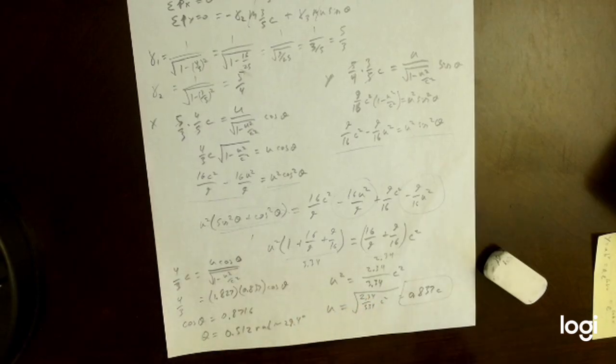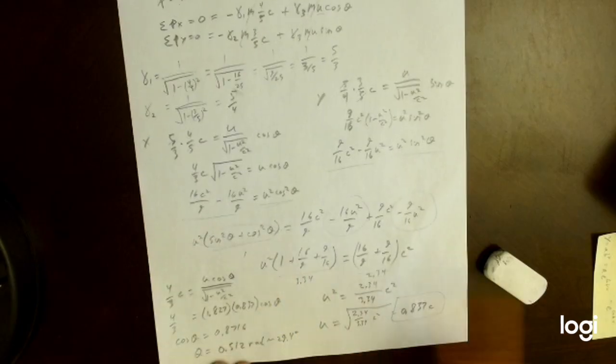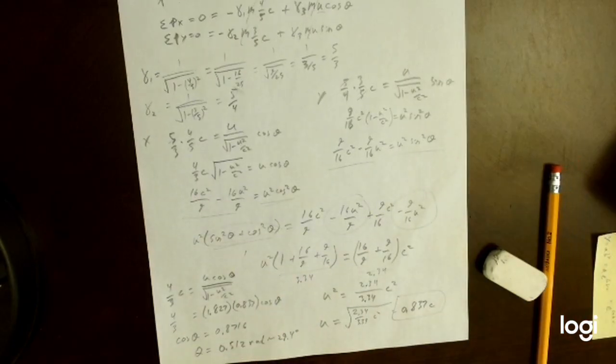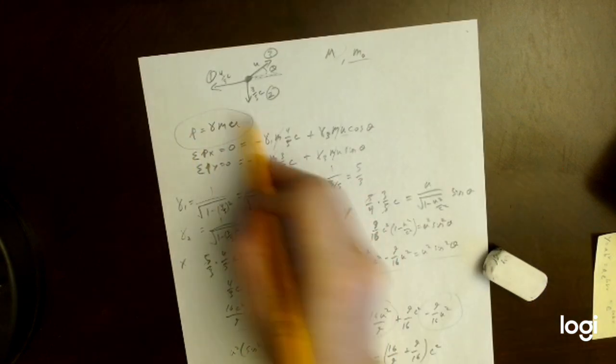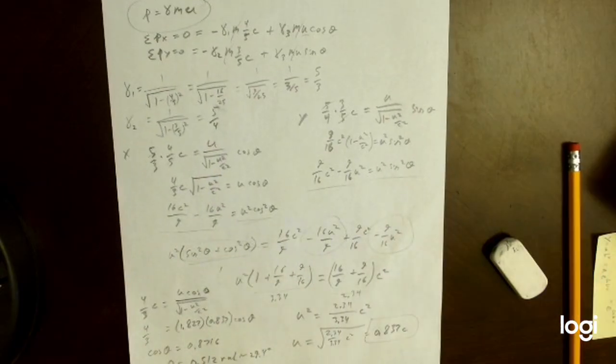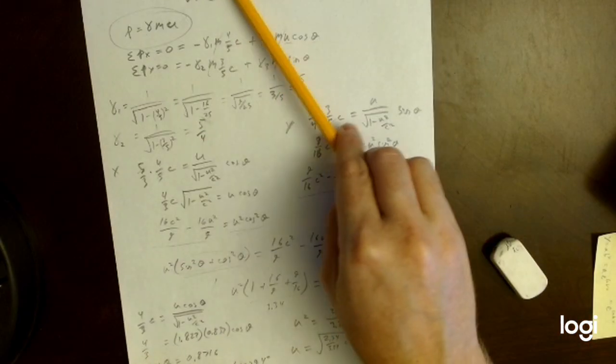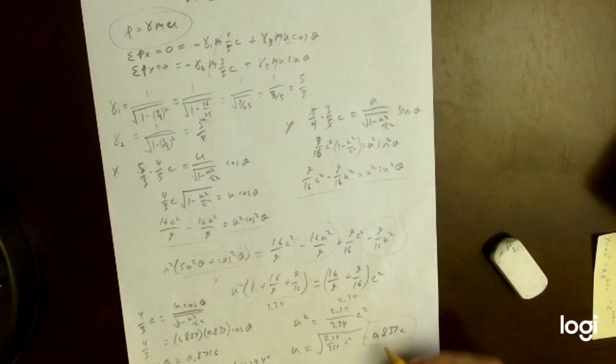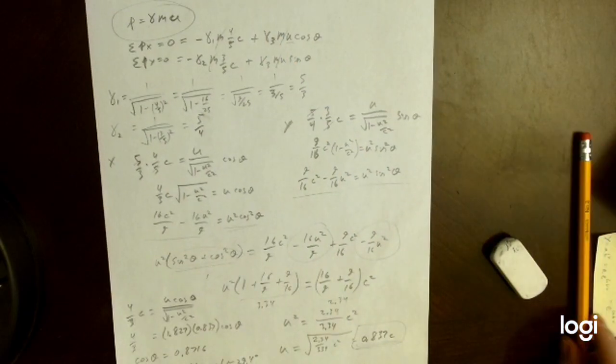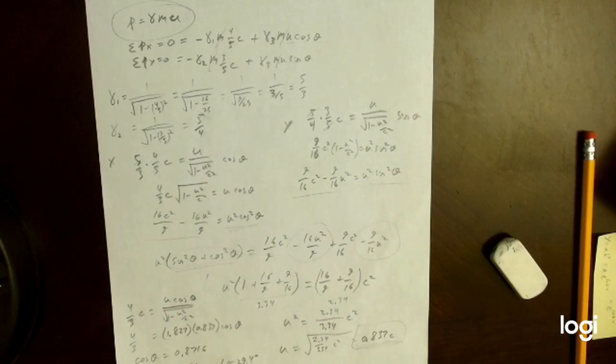So once we have these equations set up, all the rest of this is just similar algebra to what you've done before with momentum conservation equations. We just have to change our definition of the momentum and remember how to calculate things like gamma, but everything else is simple algebra. So we now know this is moving about 30 degrees up from the horizontal, and it's moving at about 0.84 c. Okay.